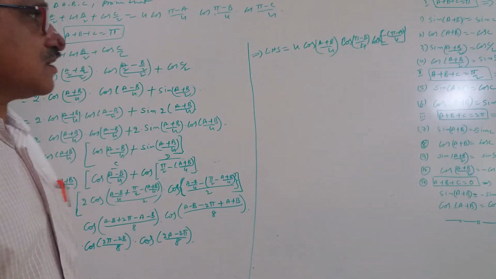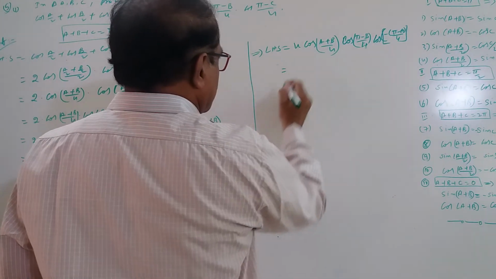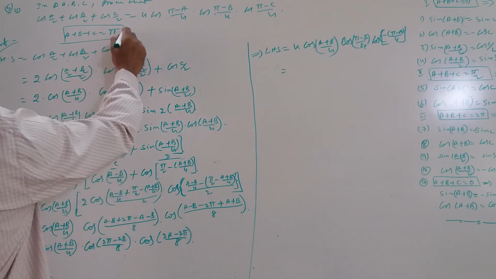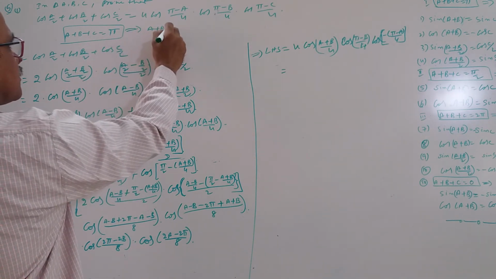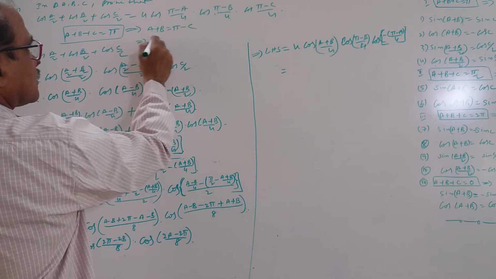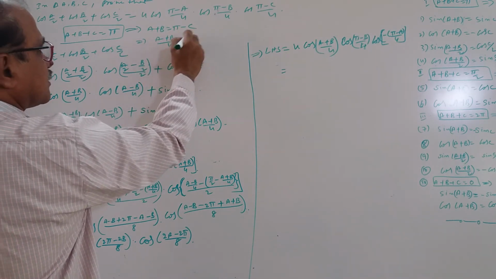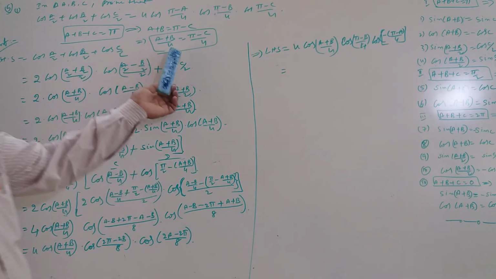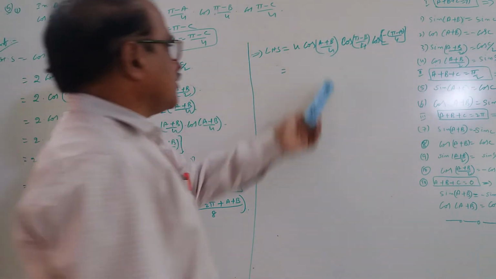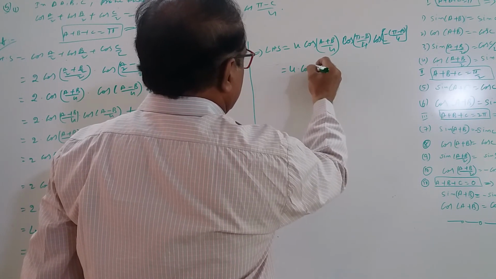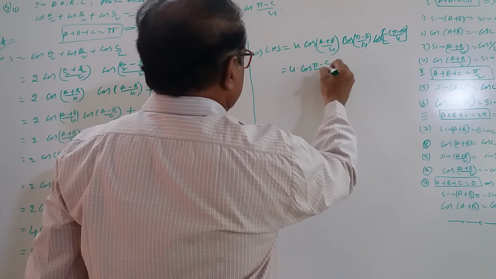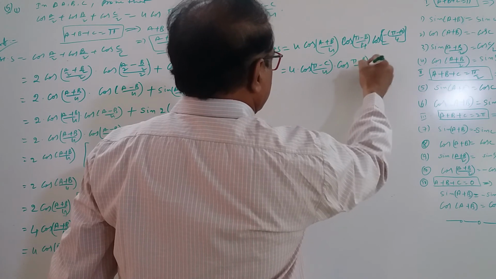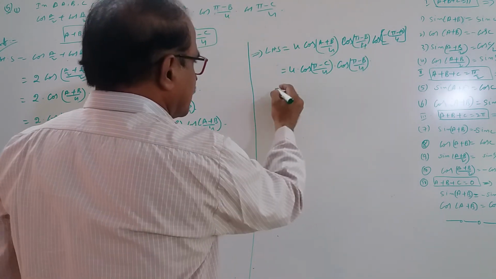By taking the minus, let's come here. We know what is given: A plus B plus C is equal to pi. That implies A plus B is equal to pi minus C, that implies (A plus B) by 4 is equal to (pi minus C) by 4. Instead of (A plus B) by 4, we can write (pi minus C) by 4. By using that, 4 into cos of (pi minus C) by 4 into cos of (pi minus B) by 4 into cos of minus theta.